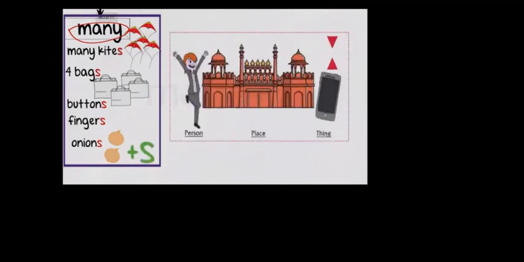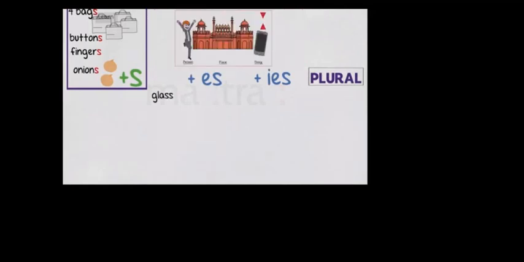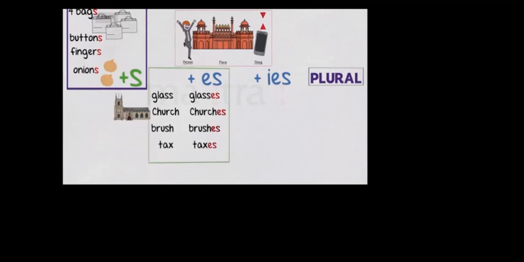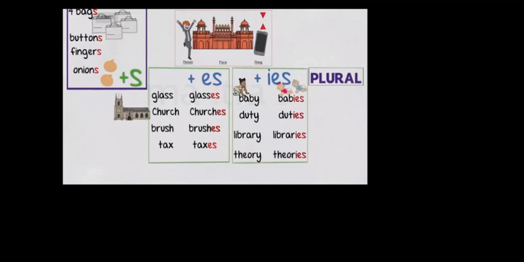So these were some words that took on S. Some naming words take ES, and some words take IES to become plural. Glass, glasses. Church, churches. Brush, brushes. Tax, taxes. Baby, babies. Duty becomes duties. Library, libraries. Theory, theories.